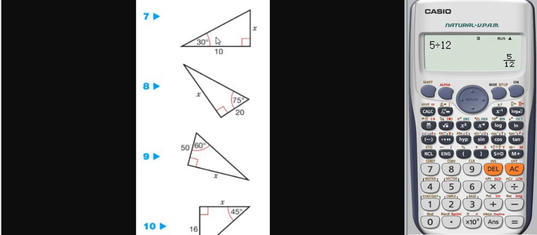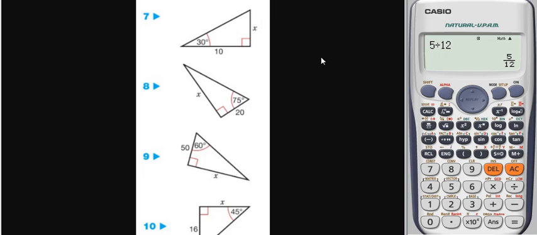Okay, so we're going to use these two numbers to find X. So SOHCAHTOA. TOA is going to be used here because it's the opposite side divided by the adjacent side.